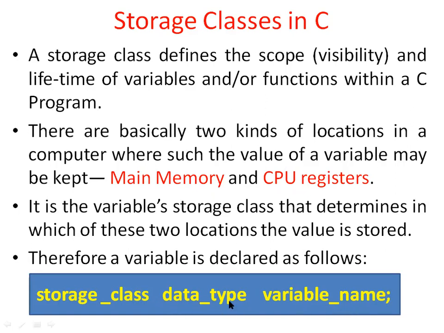This is the complete declaration of a variable. Any variable should be declared with the storage class followed by the data type followed by the variable name. So what happens when we include these storage classes in the declaration of a variable? We'll discuss that in this lecture.